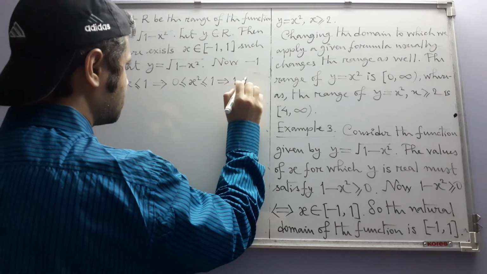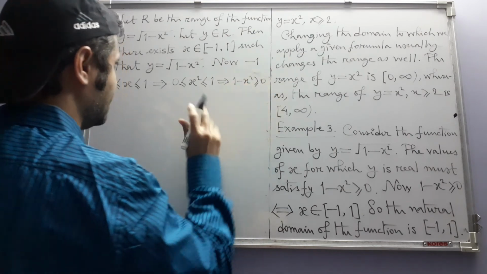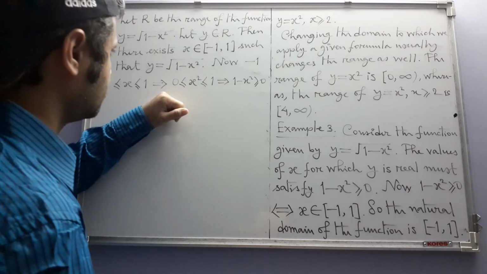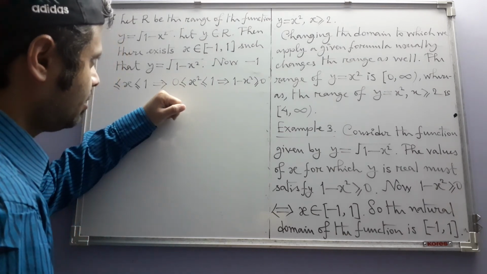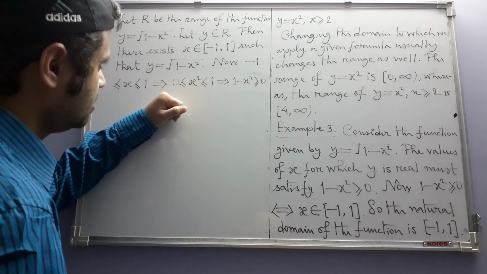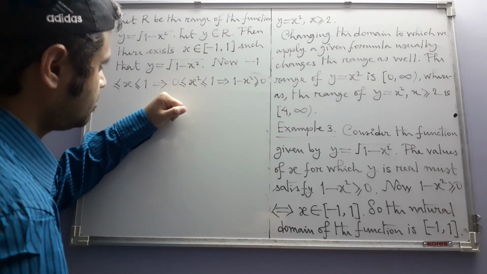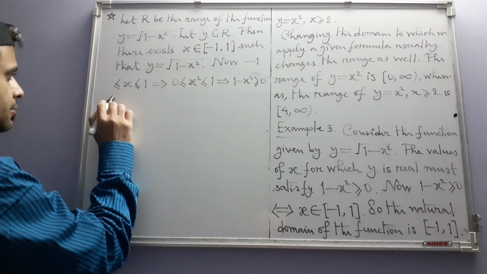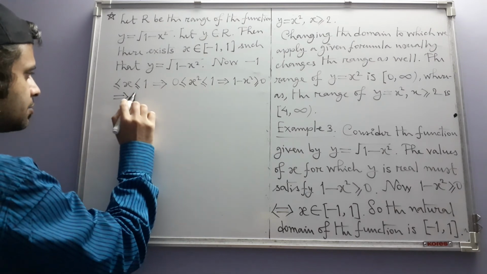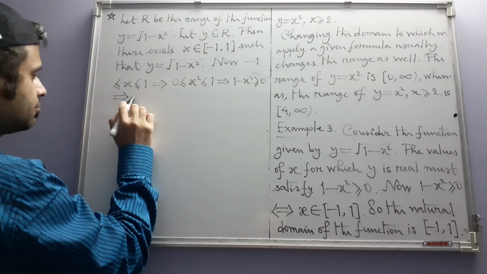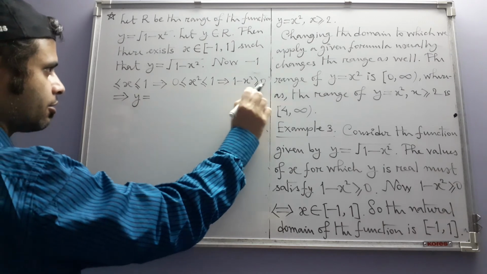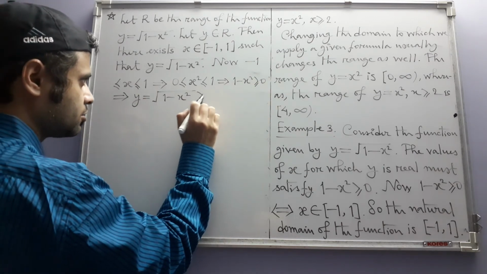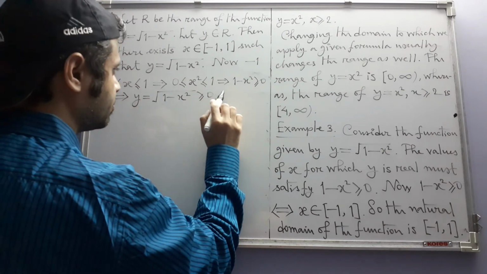And this implies 1 minus x square is non-negative. Okay, that is true. That's not what I wanted to conclude. Let us just complete what we were writing anyway. So it's a non-negative real number, so its non-negative square root of course is also a non-negative real number.